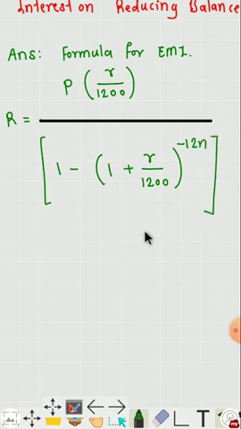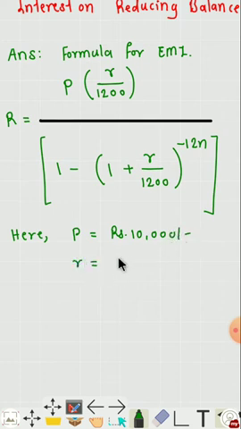Okay, so in this formula we put the values of all parameters. Here P means the person has borrowed the amount, it is rupees 10,000, and the rate of interest R is 12%, and n is equal to 2.